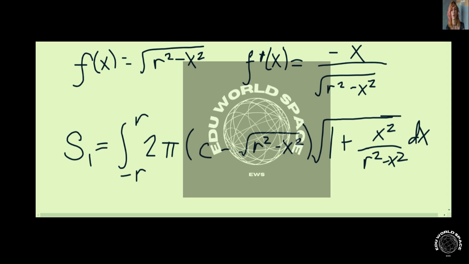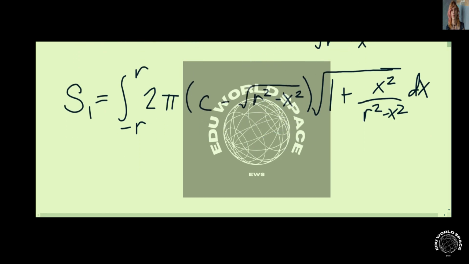And so we see that we can combine under the radical and get r squared over r squared minus x squared.